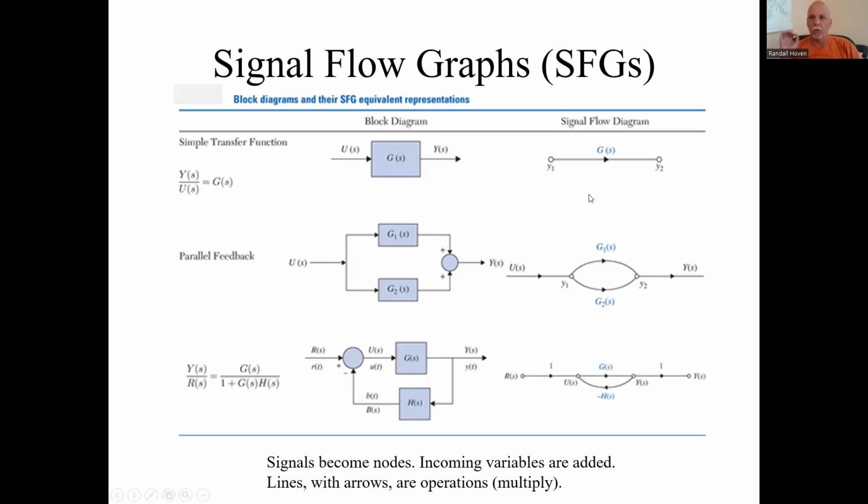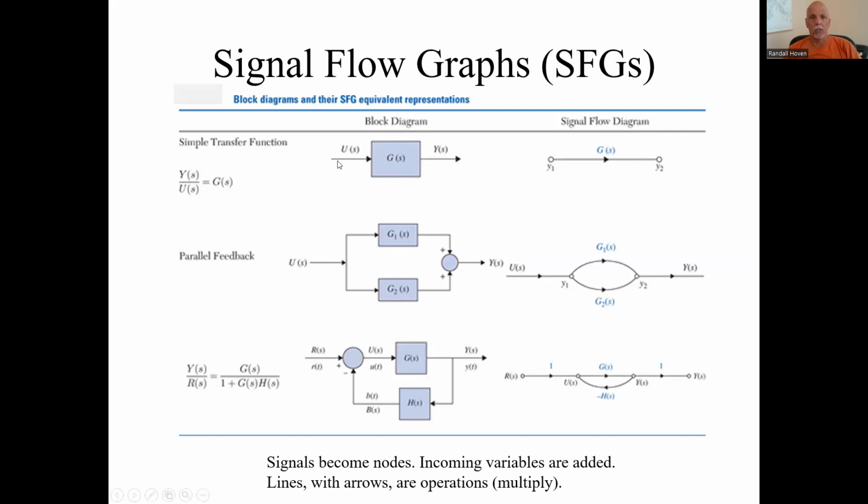In signal flow graphs, that's another graphical way to represent more complicated systems. In a signal flow graph, these little circles here, these dots or circles, those are nodes, and they are the signals. So this signal here, Y2, is like this Y over here.